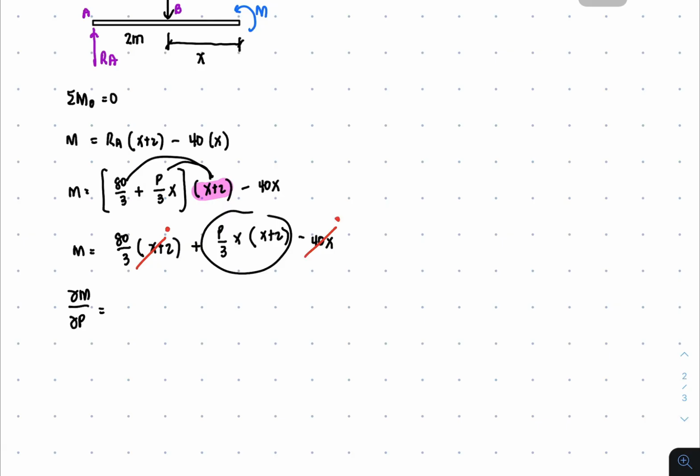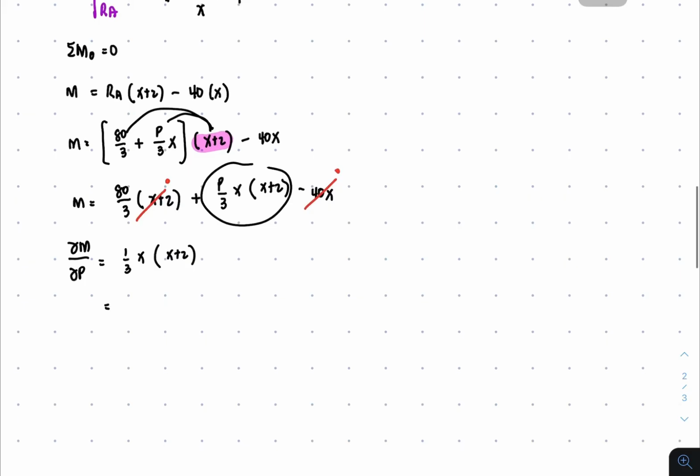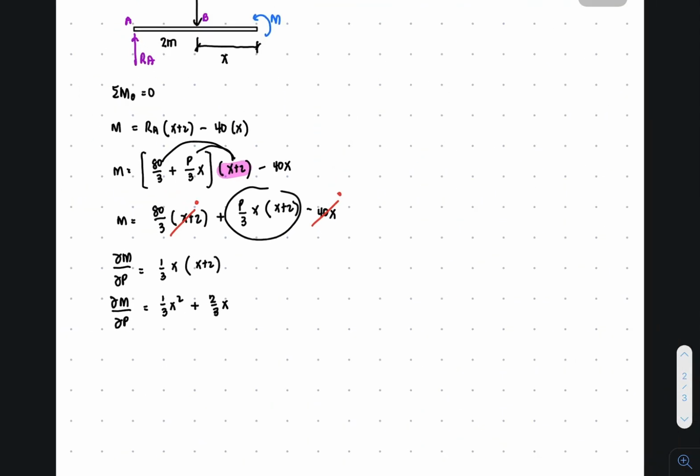It's going to be 1/3 of x times x plus 2. Or, if you want, you can simplify it: it's going to be 1/3 x squared plus 2/3 x. That is your partial derivative of M with respect to P.